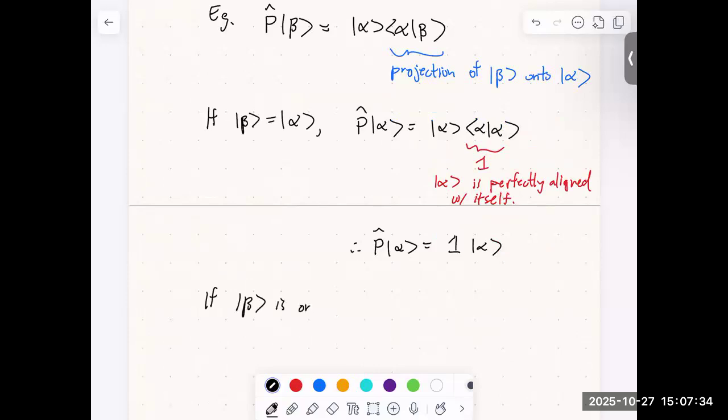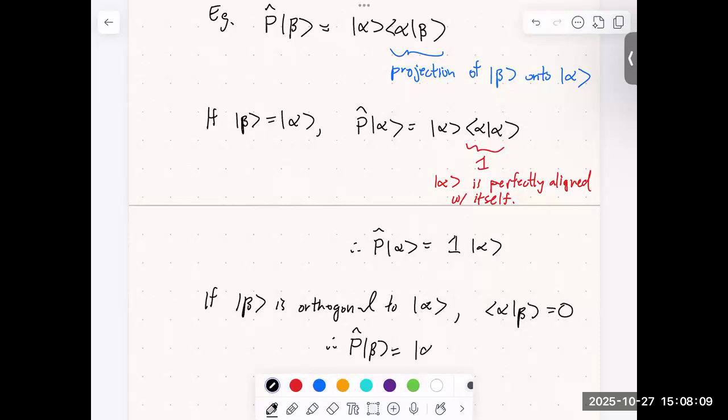is orthogonal to alpha, then the inner product of alpha and beta would be 0. And that would mean p hat acting on beta is going to be alpha times this inner product, but that inner product is 0. Oh, sorry, no, here, let's write it out.